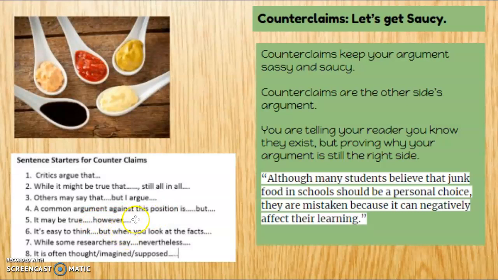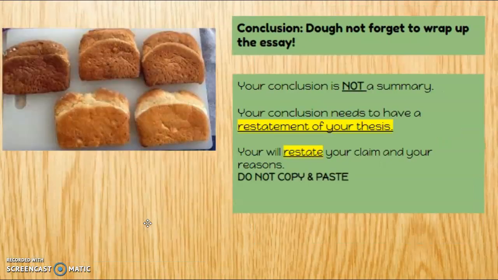However, they are mistaken because it can negatively affect their learning. You see how that fits? It doesn't matter where you put it into that sentence starter. Your counterclaim is saying, this is what other people believe. However, this is why I am right. Okay? This is going to go in your third body paragraph.